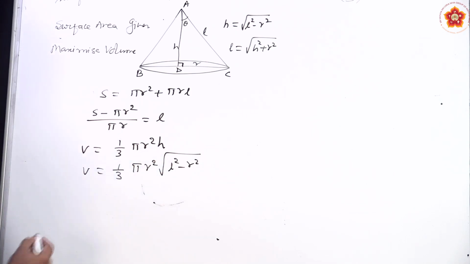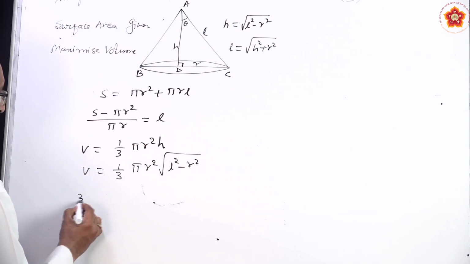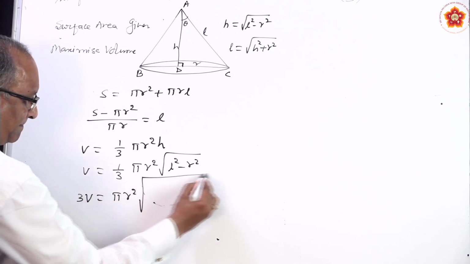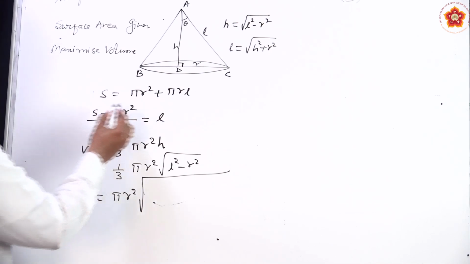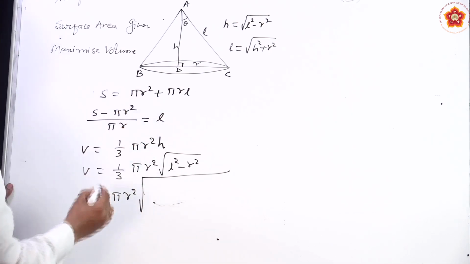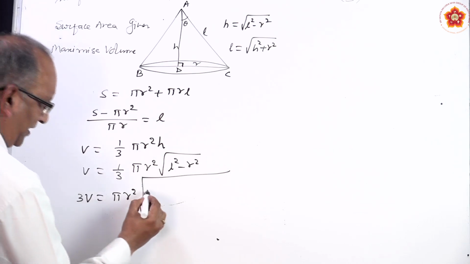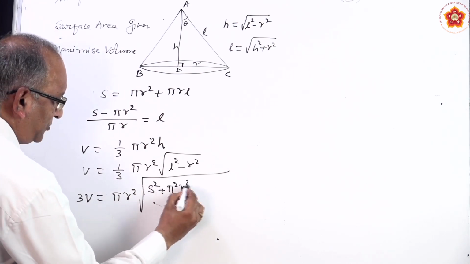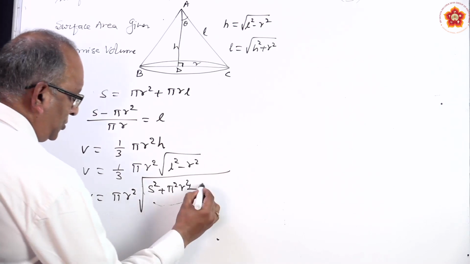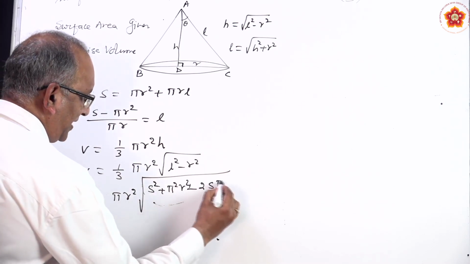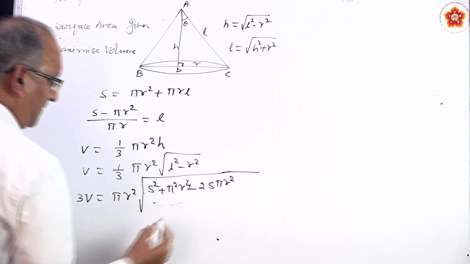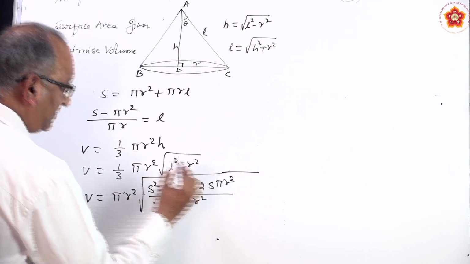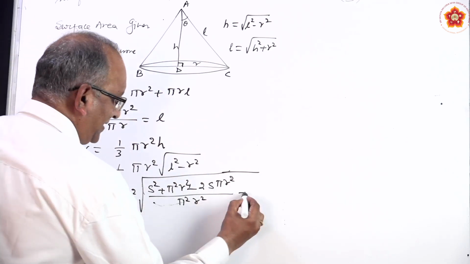Here we got L value. So substitute that. You can say 3v is equal to pi r square under root of L square. What is L? This whole thing square. So simultaneously do the expansion of (a minus b) whole square. So you will get s square plus pi square r to the power 4 minus 2s pi r square upon pi square r square. This is L square minus r square.